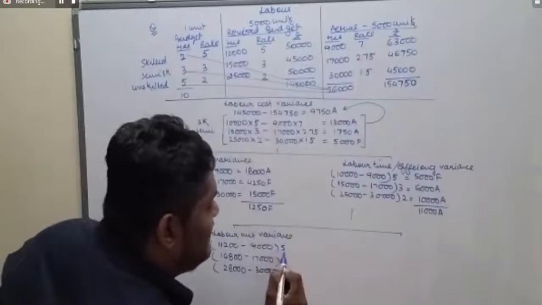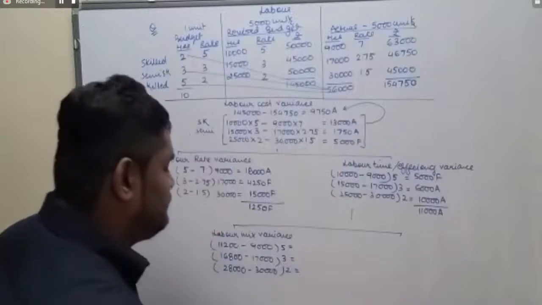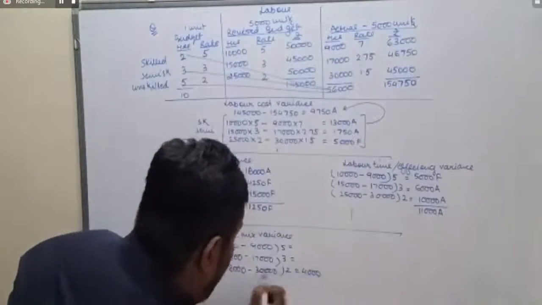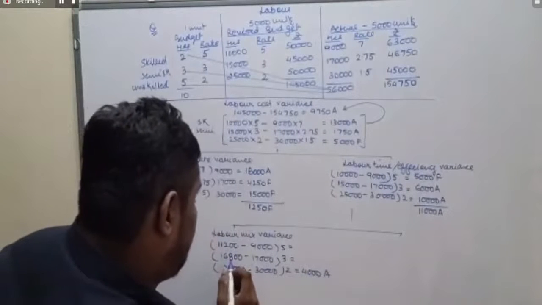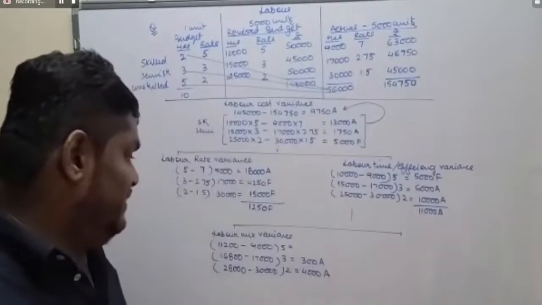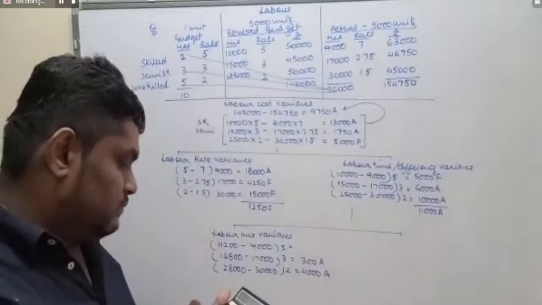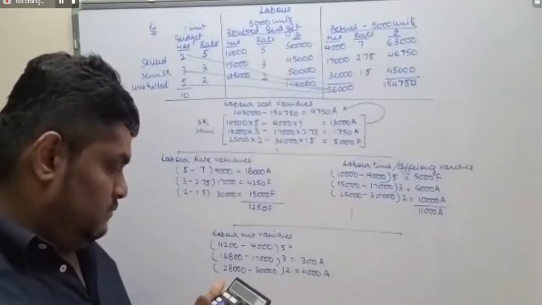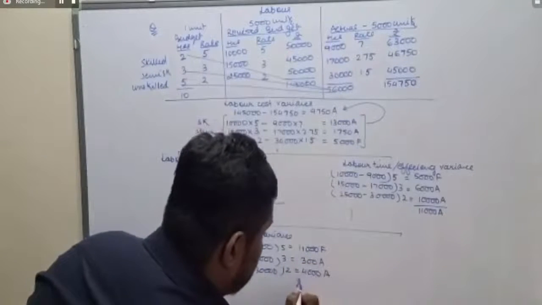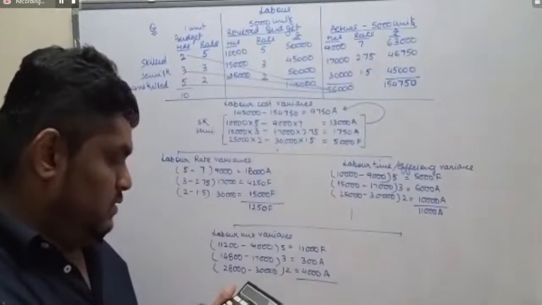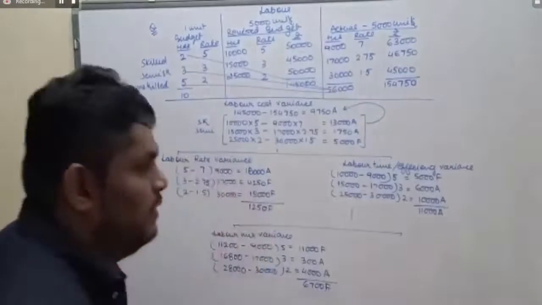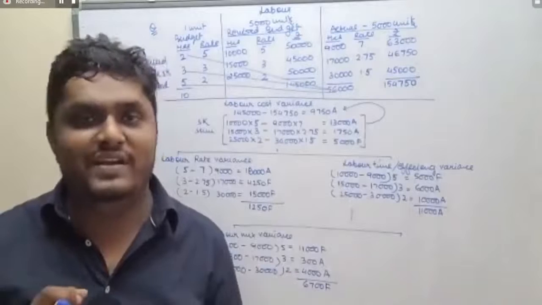Again, into standard rate, the same similar concept just like material. 4,000 adverse, 300 adverse, 11,000 favorable, 6,700 favorable. So again, just the copy paste of what we did in material.